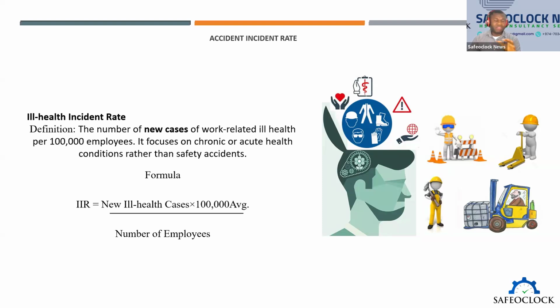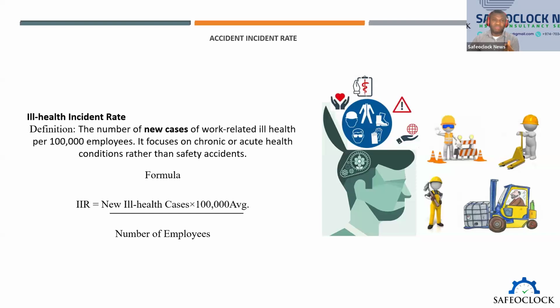Somebody can come back from vacation with fever or other illnesses. It will not appear in this ill health incident rate. We are not looking at those things. We are looking at the incidents that are related to the work, those that occurred in the course of the work or in the line of duty.